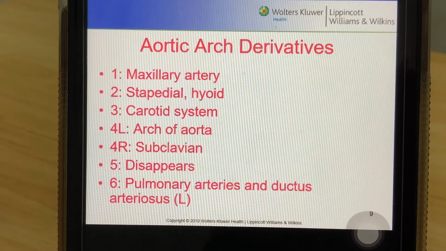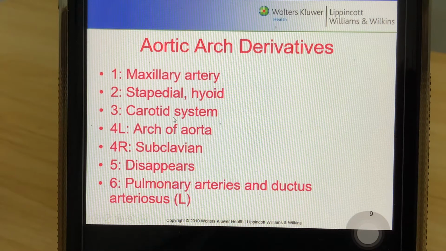This one summarizes the major aortic arches and their derivatives. Your first aortic arch later becomes the maxillary artery. Aortic arch 2 becomes the stapedial or hyoid artery.